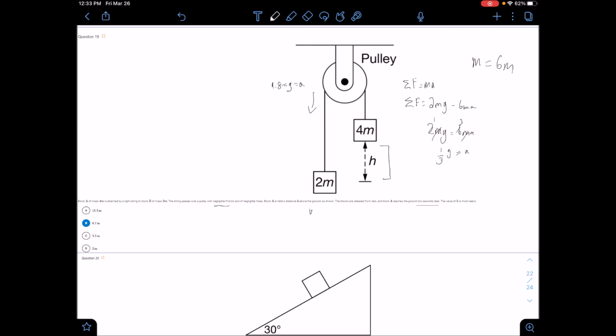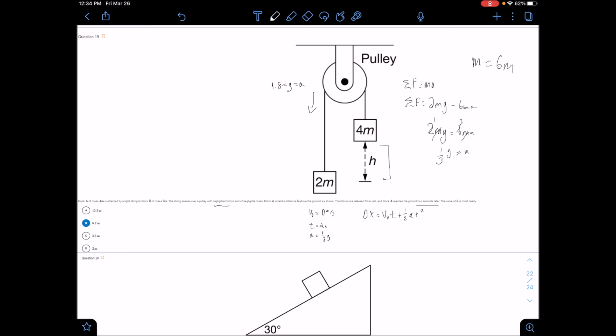We have v initial equal to 0 meters per second, the total time is 2 seconds, and the acceleration is equal to 1/3 g. With this, we can use our kinematic equation: the change in x is equal to v initial times time plus 1/2 a t squared.